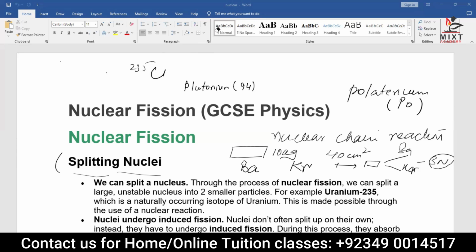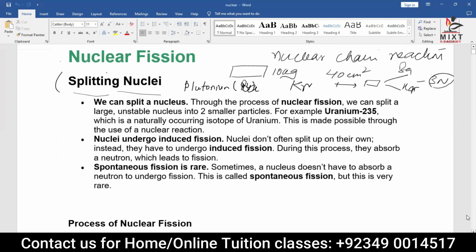Okay. So I want you to write a few lines on this. In a nuclear fission reaction, a large unstable nucleus is broken down into two smaller particles. For example, uranium 235, which is a naturally occurring isotope of uranium, is broken down into two smaller particles, barium and krypton.